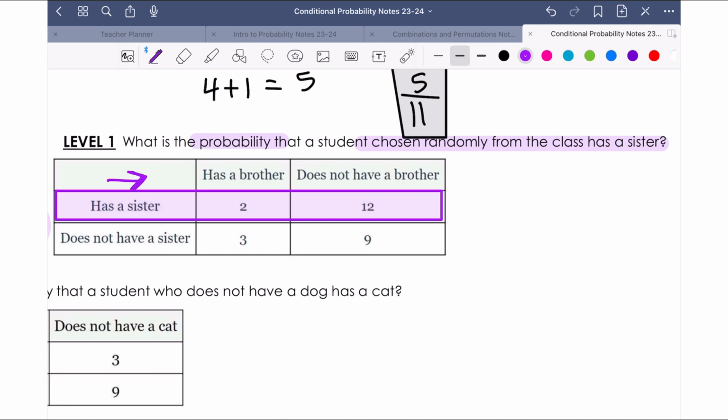So these students have a sister, 2 and 12. How many is that together? 14. Okay. But I need to choose 14 out of how many? How many kids are in this class? So I need to tally them all up. If I go across this way, what's 3 plus 9? 12. So what's the total?